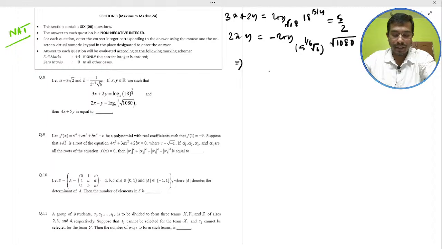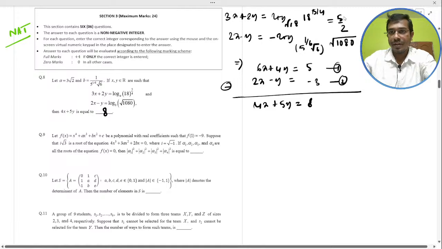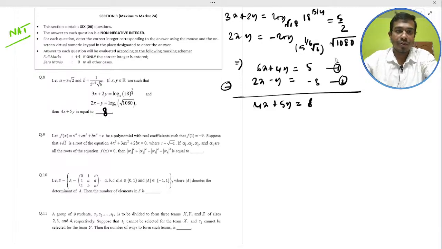That means 6x plus 4y equal to 5, equation number 1, and 2x minus y equal to minus 3, equation number 2. Subtract 2 minus 1. Simple, you will get 4x plus 5y equal to 8. 8 would be the correct answer. Next problem. Question number 9.